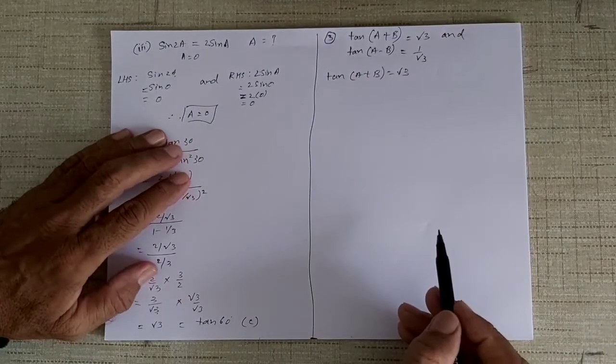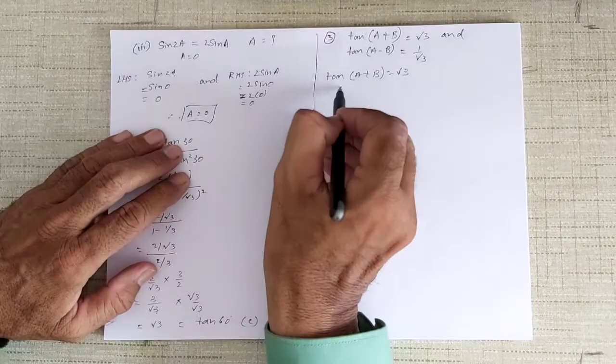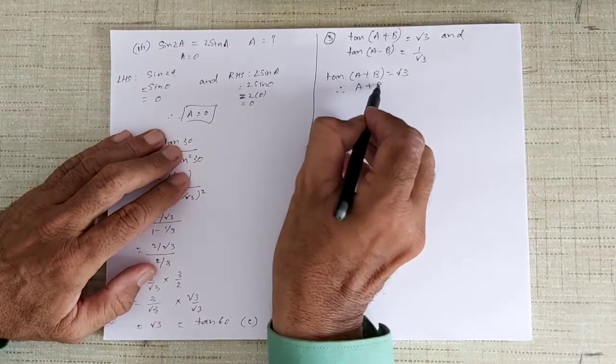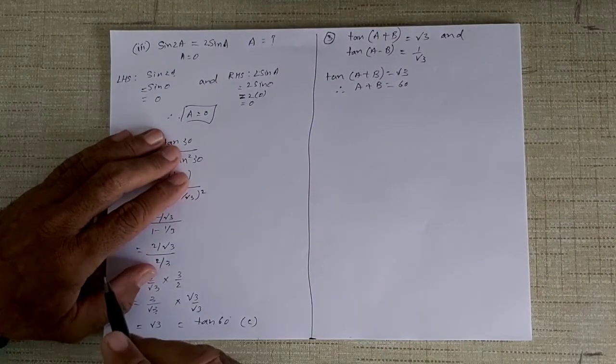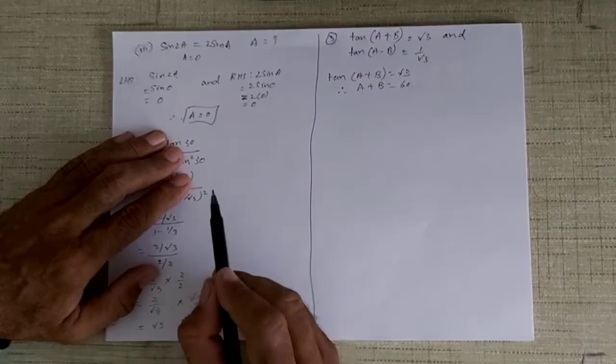When is tan theta equal to root 3? If you look at the table, tan 60 is equal to root 3. So therefore A plus B must be 60.